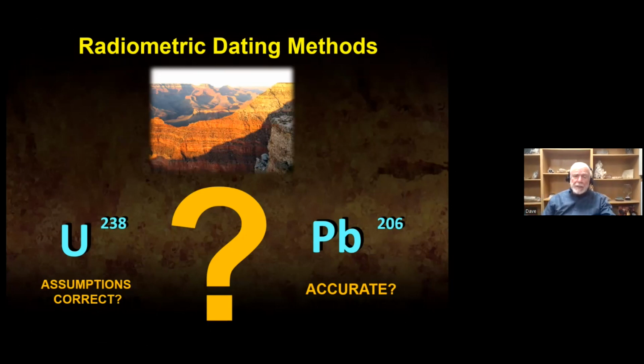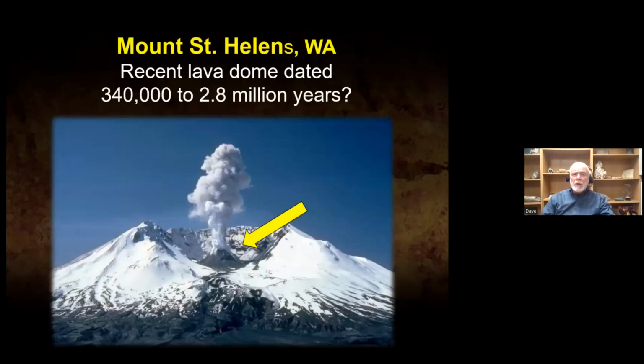And that's been done. Mount St. Helens, remember, erupted in 1980. Since that time, 30 years later, they had a volcanic dome built up within that volcanic lava dome or field there. And wait a minute, they decided to date the rocks of the volcanic lava dome inside the crater of Mount St. Helens.